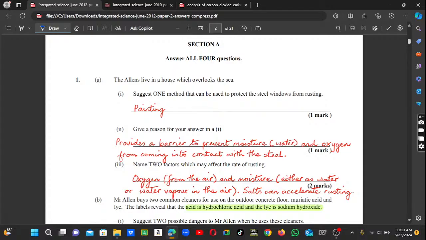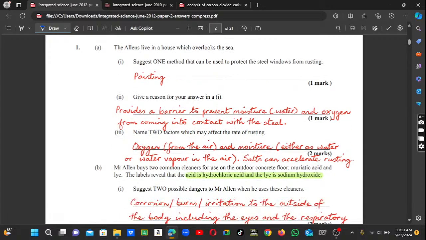Another question says we need to give reasons for the answers. So why would I choose painting to prevent the steel from rusting? Because the Allens live nearby the sea, where the seawater would be washing over the steel. The painting would provide a barrier to prevent moisture, the water and oxygen, from coming in contact with the steel.